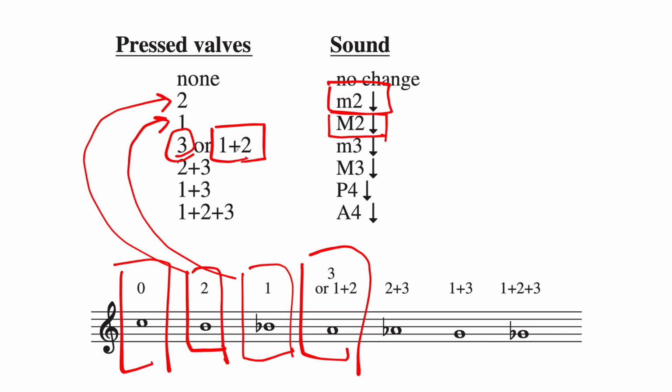Both options will lower the sound a minor third. Then the combination, if I combine the second one with the third one, then I get a major third, lowering. If I combine the first one with the third one, then I will get a perfect fourth lower. If I combine all three, then I will get a tritone. And that's it actually. So I have access to the entire chromatic scale.